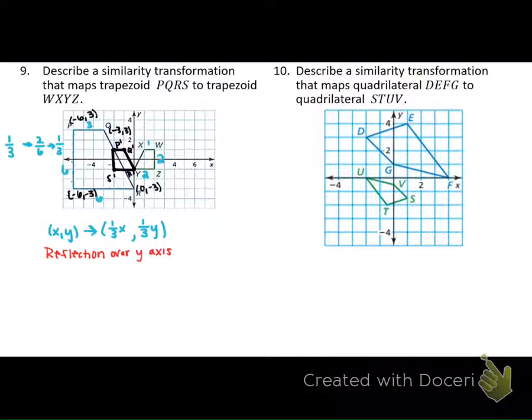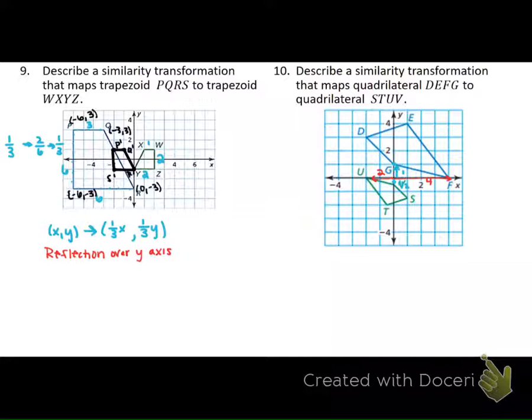U and F are on the line. So you see how U and F are on the line? So if you look here, U is 2 away from the center, and F is 4 away. And then V and G line up. So this is 1 or just a half, and G is 1.